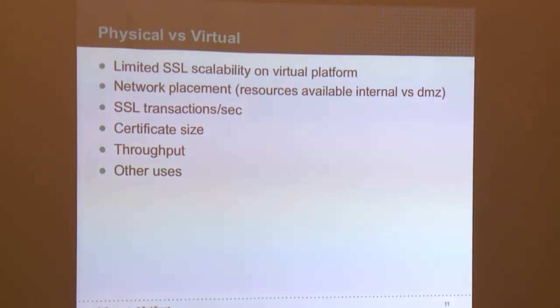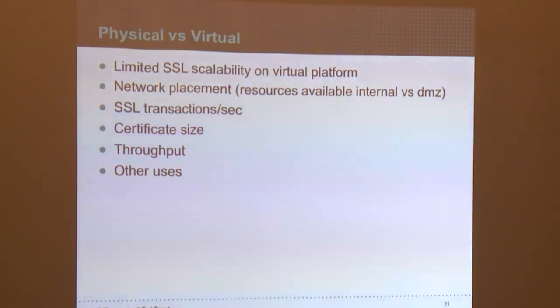So those are the things that I've found drive that decision between virtual and physical. From a feature and function perspective, other than that SSL transactions per second, it's the same code. In fact, we see a lot of people taking code out of their dev environment, exporting it, and putting it into production, or knowing that if they're going to deploy virtuals first, they can export that code and go to physical appliances later down the road. Certificate size, like I said, definitely drives that SSL transactions per second number.